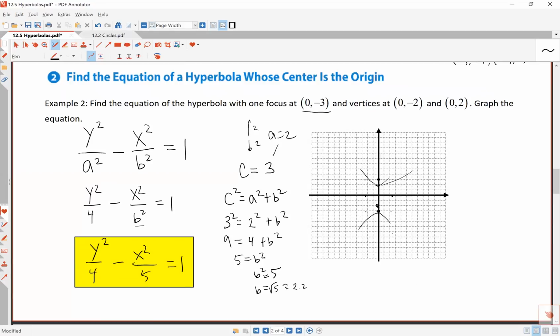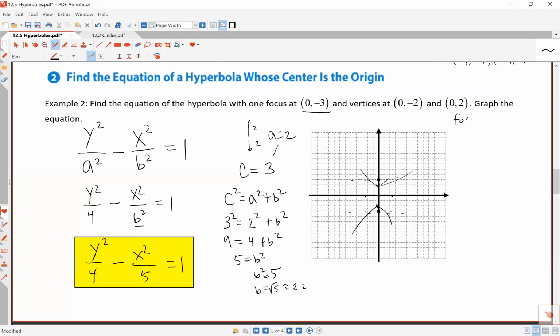To figure out how wide the graph is, we set the y value equal to the y value in the focus.